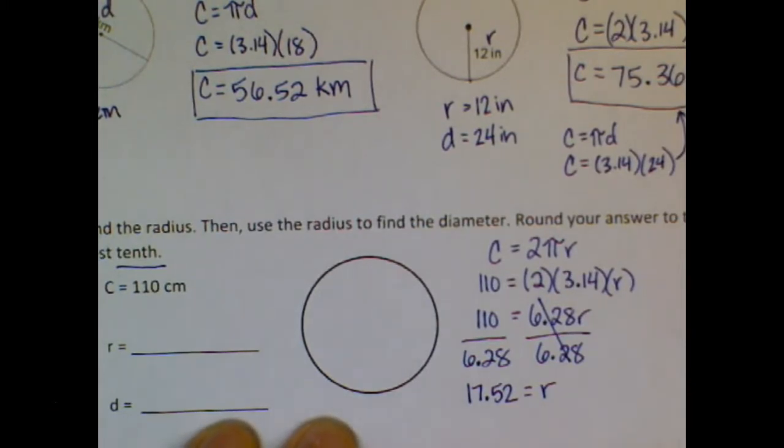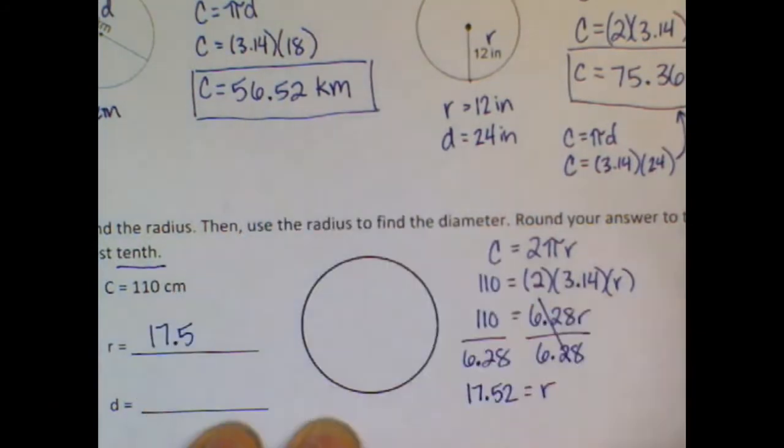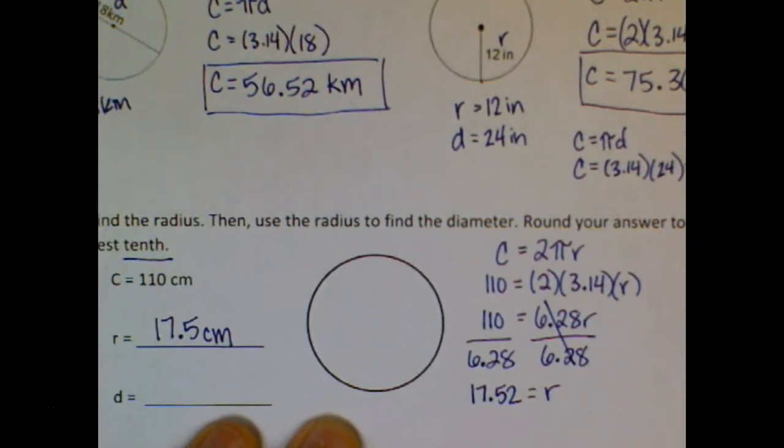I rounded to two decimal places because when we're thinking about rounding to the nearest tenth, we simply need those two decimal places. It's going to be this 5 that either, based on the 2, turns into a 6 or stays a 5. Well, if you know your rounding, it's just simply going to be 17.5. And that's centimeters. So our radius rounded off is 17.5 centimeters.